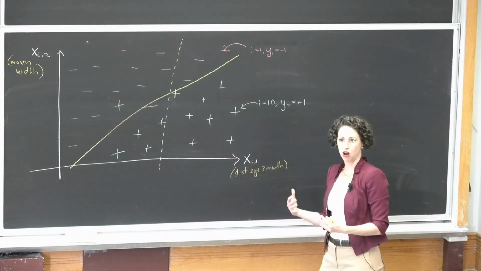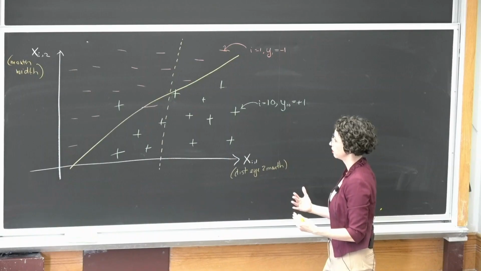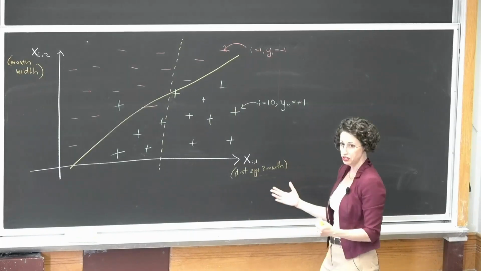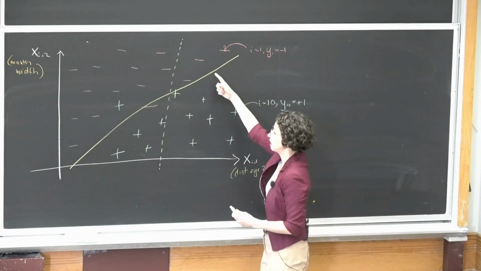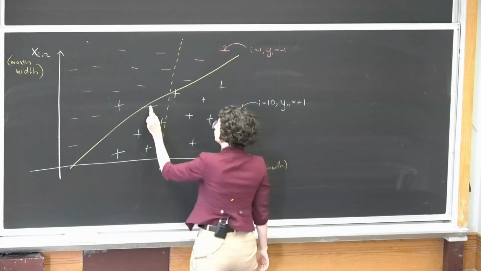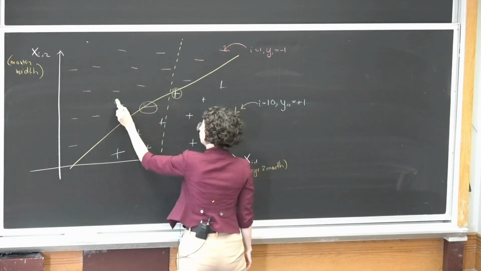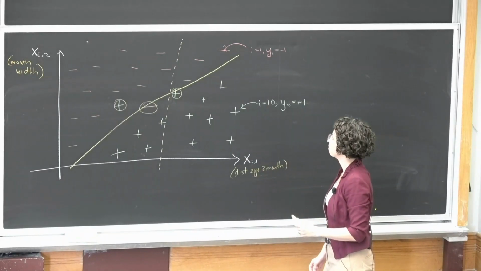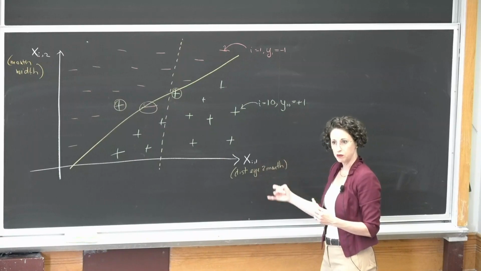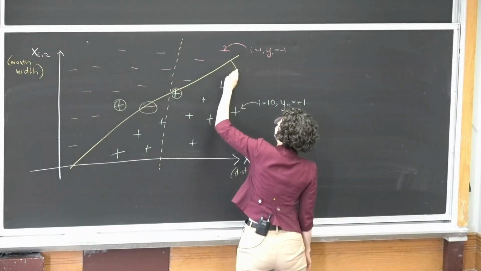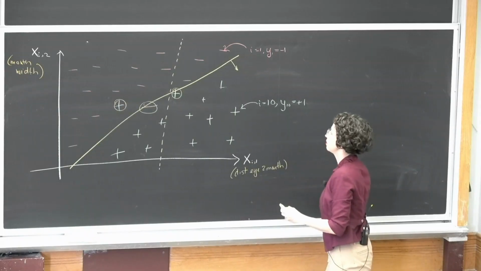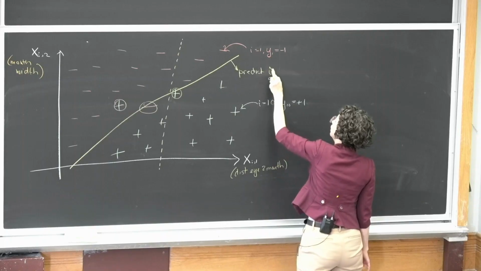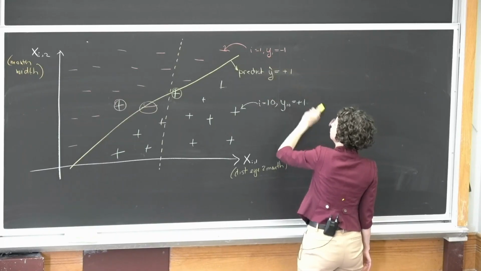But if we were to measure our loss for these two different models, and see how many errors are made by each model, we see they have very different values, right? This solid line is making 3 mistakes, whereas the dashed line is making far more mistakes. So when we draw these lines, what we mean is that in the future, if we get a new sample and it lies below this line, then we are going to predict that the label y hat is positive 1.